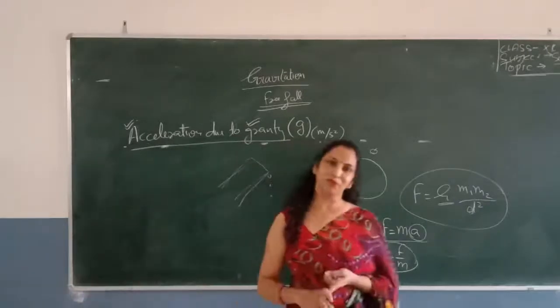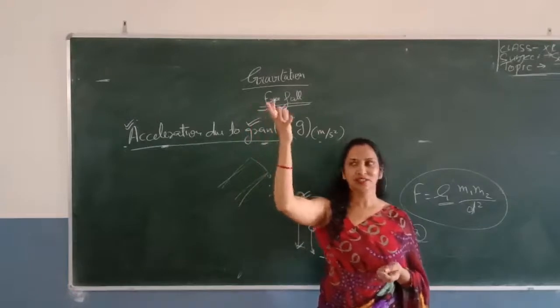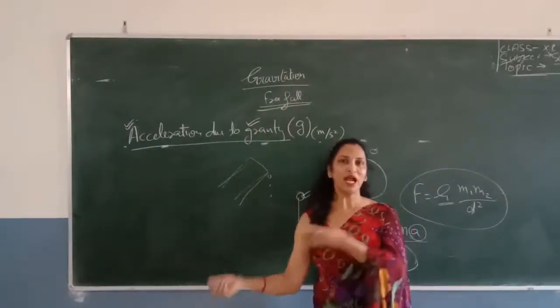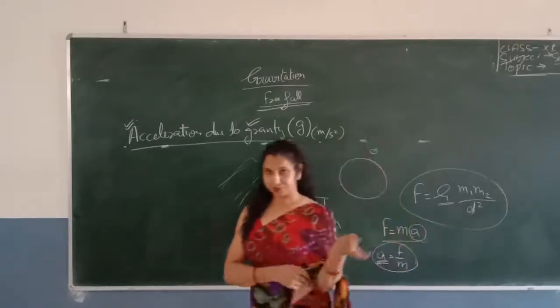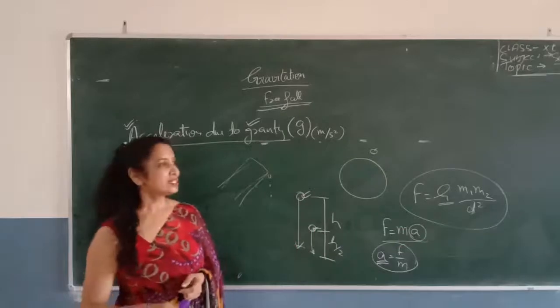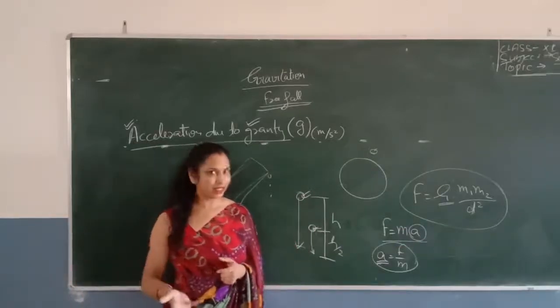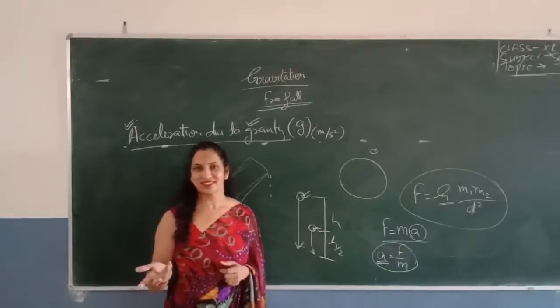Now this is the question. If we drop a stone and a feather from the terrace, why does the stone come first to the ground and why does the feather come late? We can understand it. Since there is an atmosphere around us, the atmosphere has air, and air has some resistance.